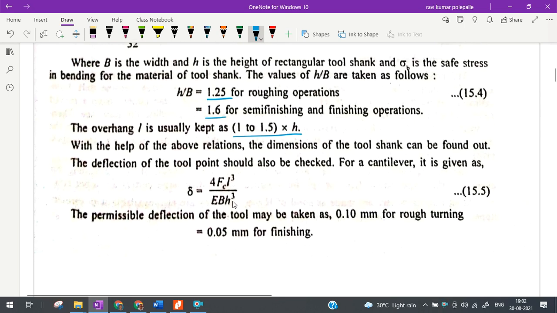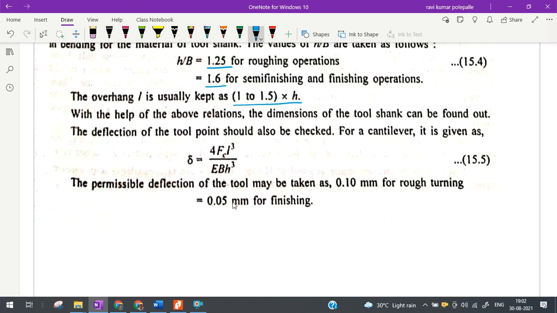See, we are required to limit the amount of deflection to 0.1 mm for rough turning and 0.05 mm for finishing operation. This is done so that the deflection is not excessive and we are going to get the required finish. Likewise, the tool shall not be subjected to chatter.